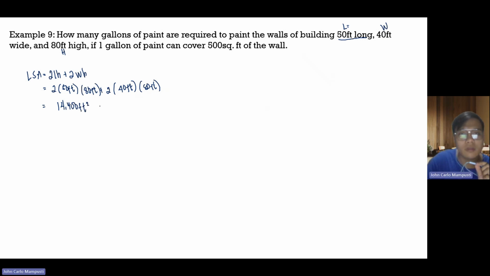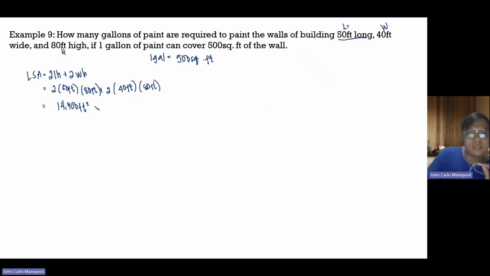Okay, yan ba yung tanong? Hindi, no? Ang tinatanong ko ay kung ilang galon ng paint yung kailangan para ma-cover lahat ng wall. So, meron tayo dito conversion that in 1 gallon, kaya niyang i-cover yung 500 square feet ng wall.